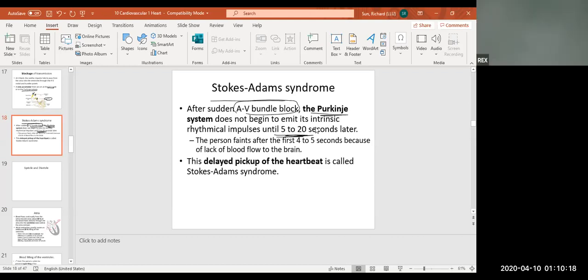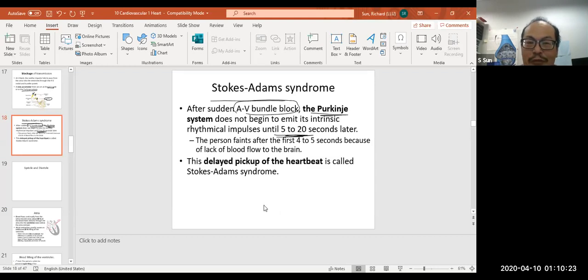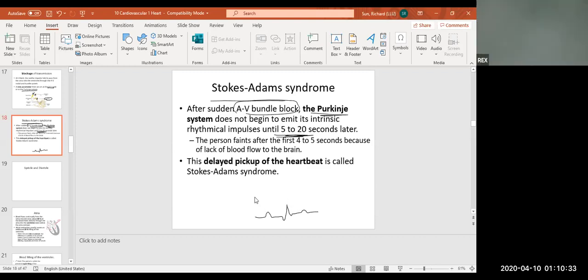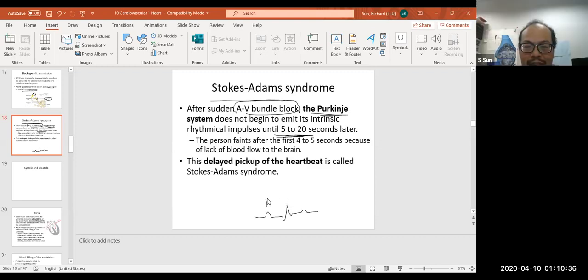Okay. Remember that what we can measure is something like heart rate, or we can do an EKG. The typical EKG has P, Q, R, S, and T. If there's no P, then you will see something like this.